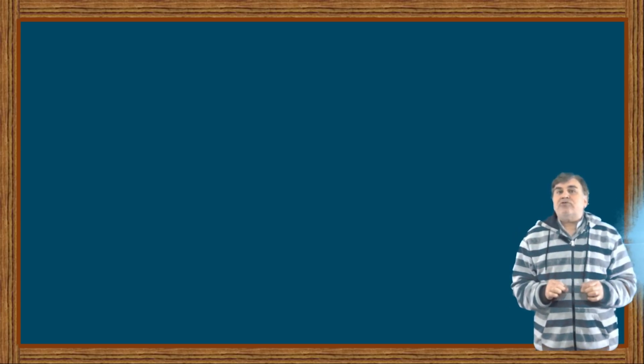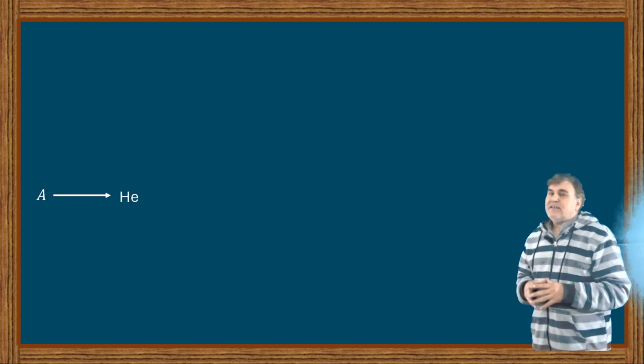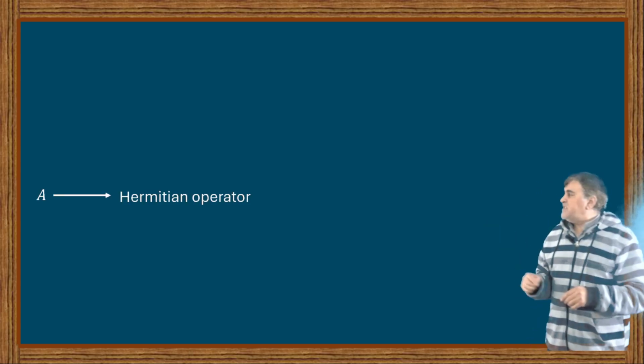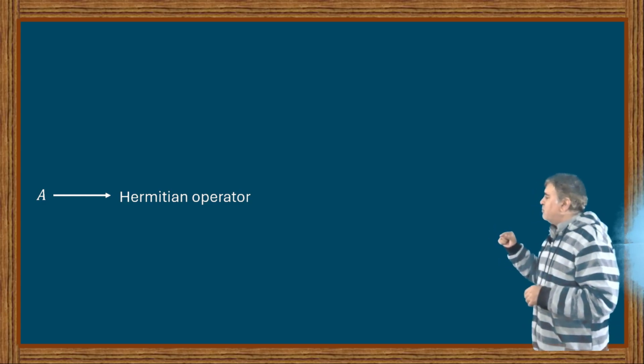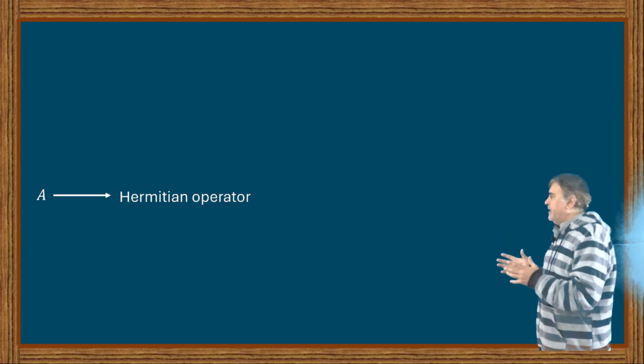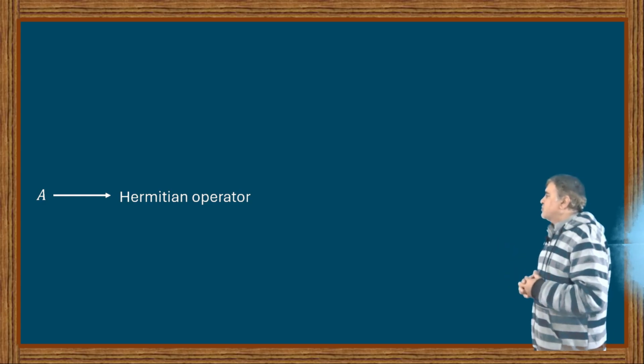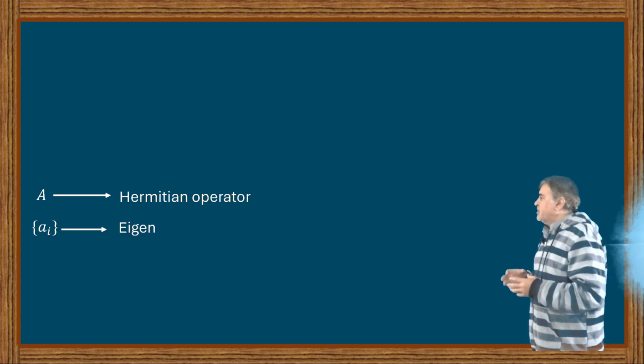The eigenvalue spectrum of Hermitian operators, say A, is a set of real numbers which is represented by putting the real numbers inside the curly brackets, and I'm writing here the small a with the subscript i.